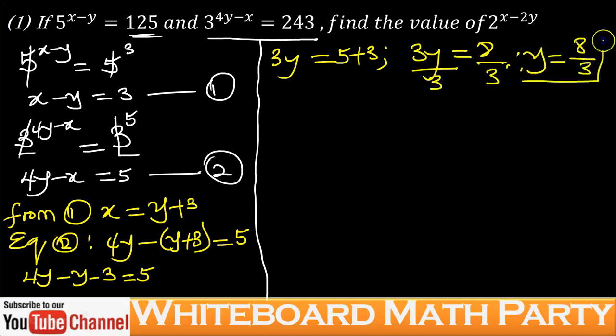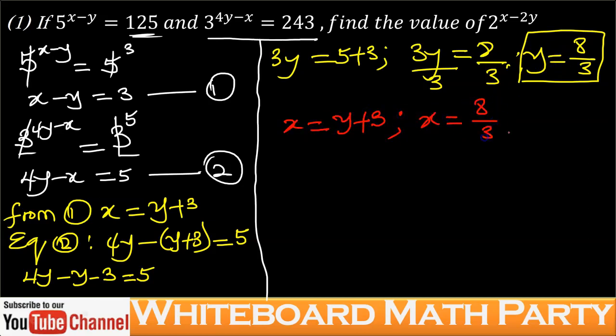Now that we've successfully found the value of y, which is 8 over 3, remember that we already said from equation 1 that x is equal to y plus 3. So I'm going to substitute the value of y into this equation. Hence, x will become 8 divided by 3, add 3.